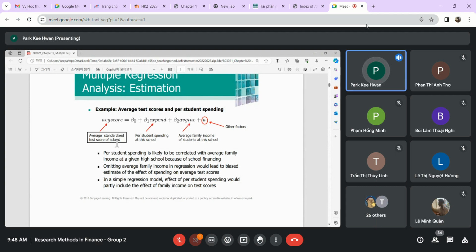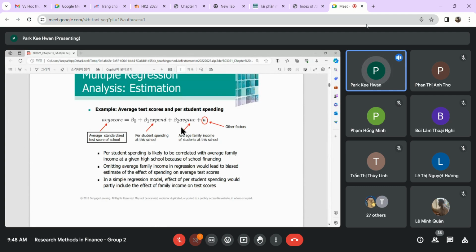In that case, you estimate the slope parameter of spending, then that slope parameter estimate, the effect of per student spending, could partly include the effect of family income on test score. Okay, so let me repeat again.